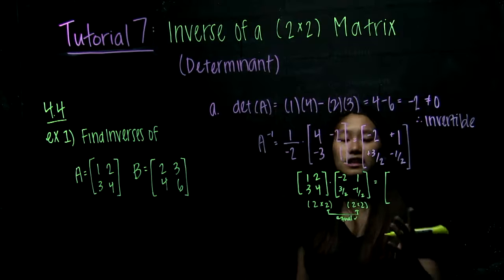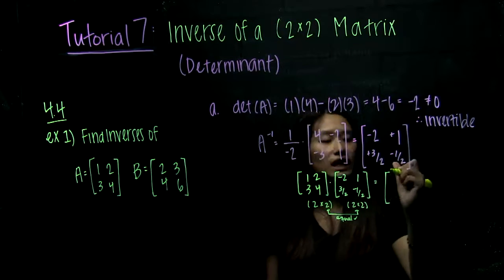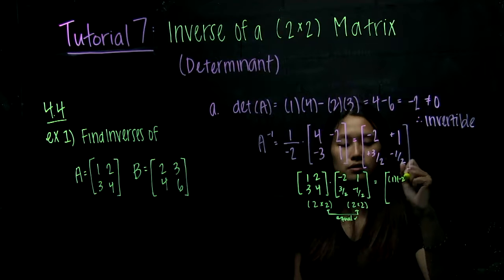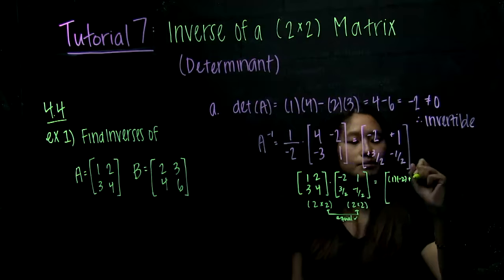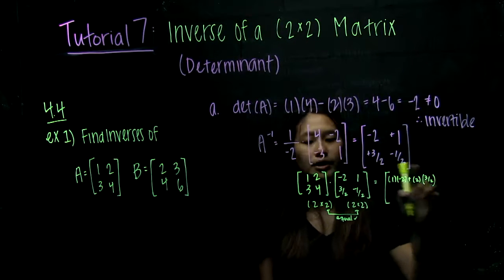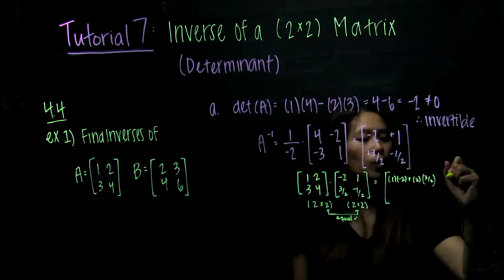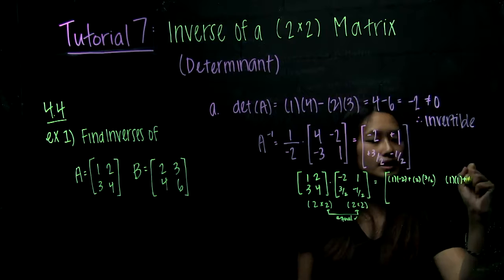And in this case, for the first value, you get 1 times -2 plus 2 times 3/2. And the second part, you get 1 times 1 plus 2 times -1/2.